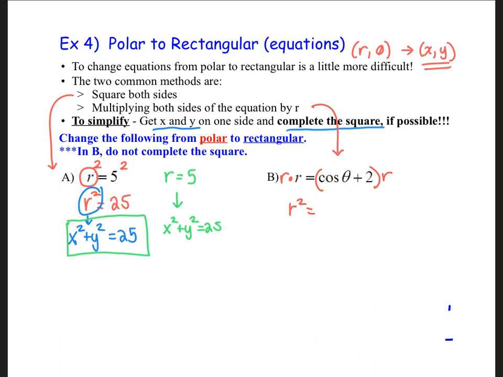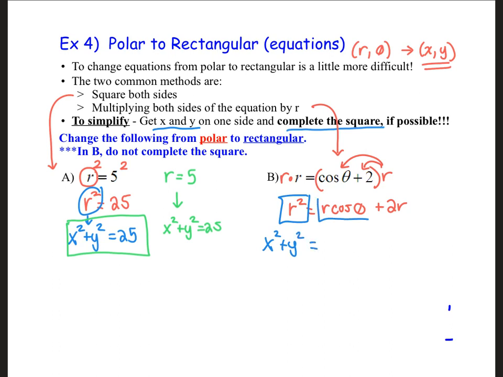Now, on the other side, we are going to distribute that r. So now we have r cosine theta plus 2r. And now we can go back and do some replacing. So once again, I will replace the r squared with x squared plus y squared.